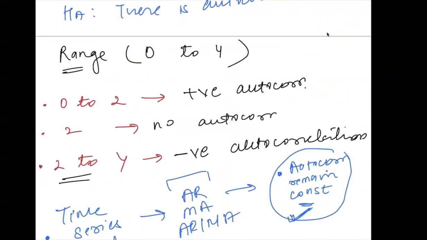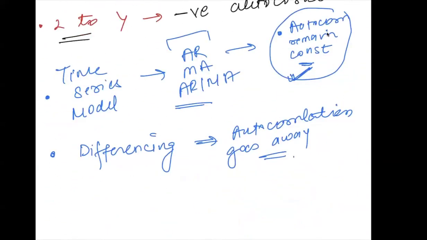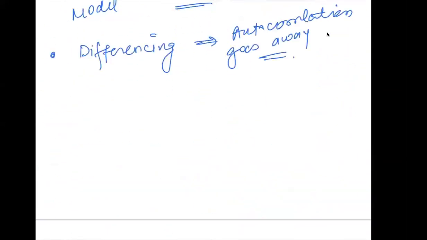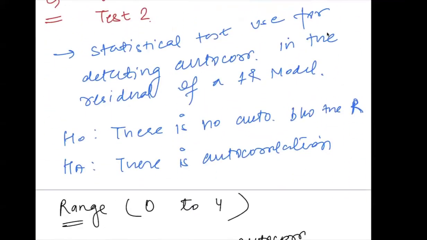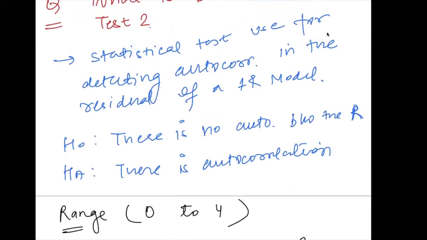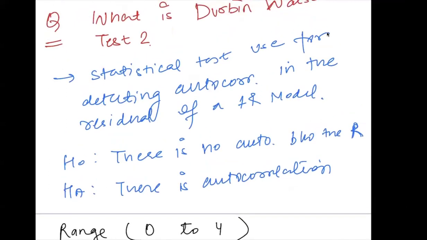Again, linearity can be measured by using Pearson correlation or a scatter plot. Then we have autocorrelation, which can be measured by using the Durbin-Watson test. And always remember when you are interviewing, the interviewer can ask you, how can you check for autocorrelation between the residuals?